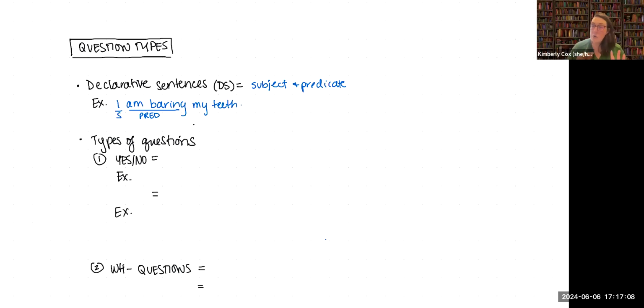Yes/no questions are fairly straightforward. In order to ask a yes/no question, we invert the subject and the auxiliary verb. Let's take a look at our declarative sentence. We're going to switch the subject, which is I, with the auxiliary verb, which is am.